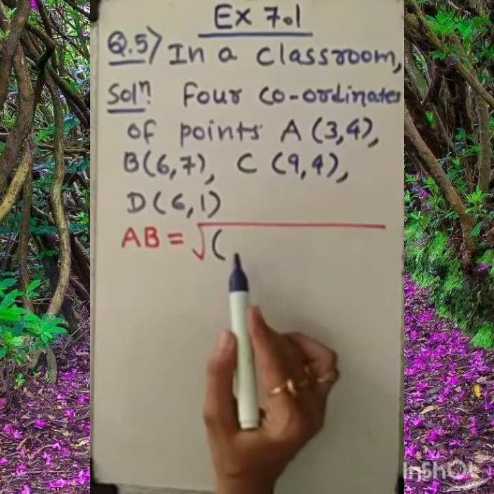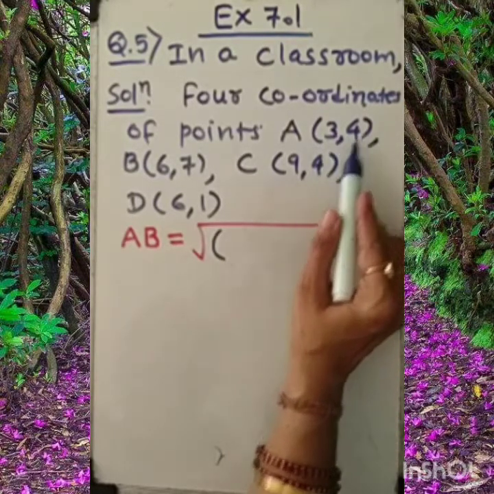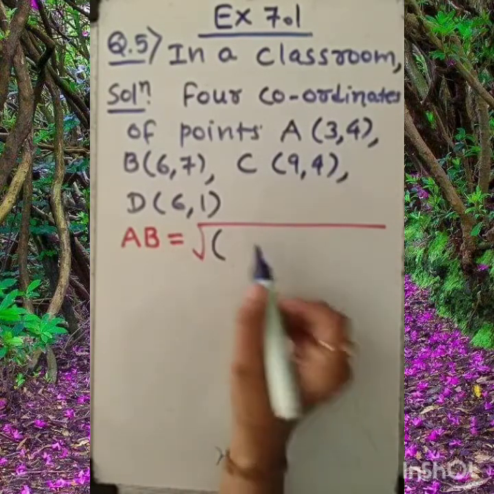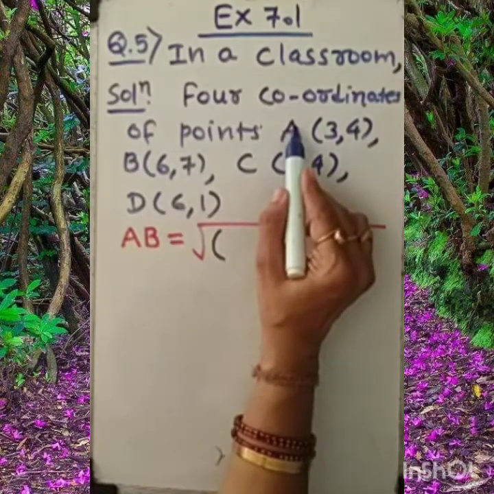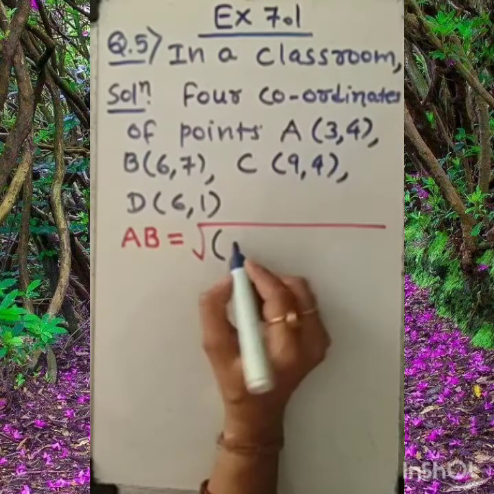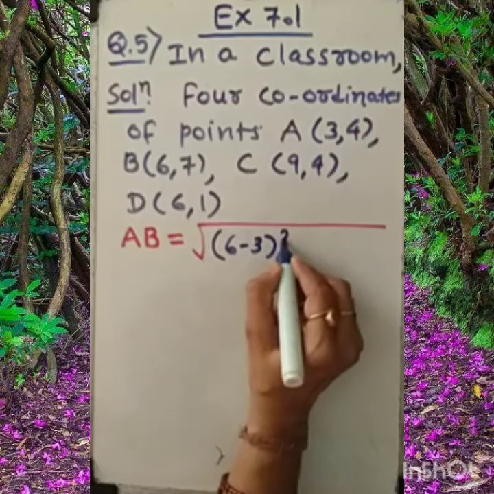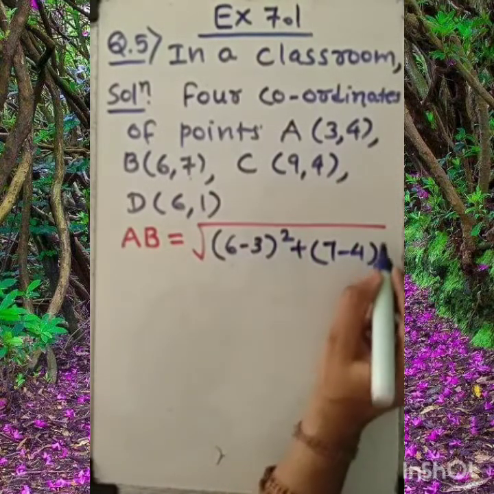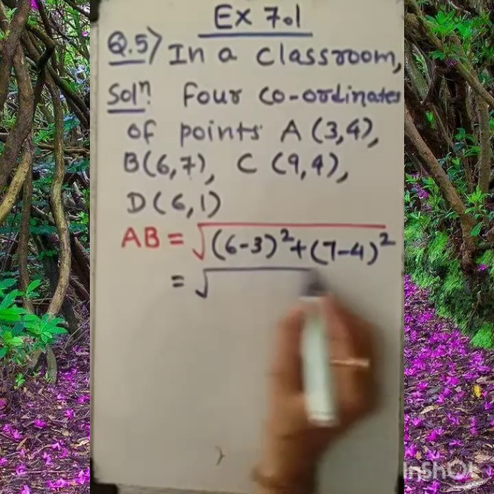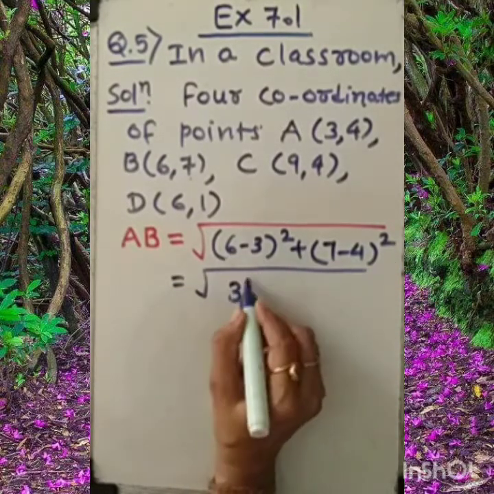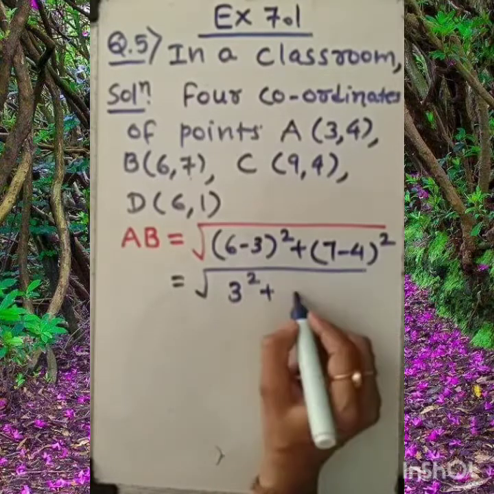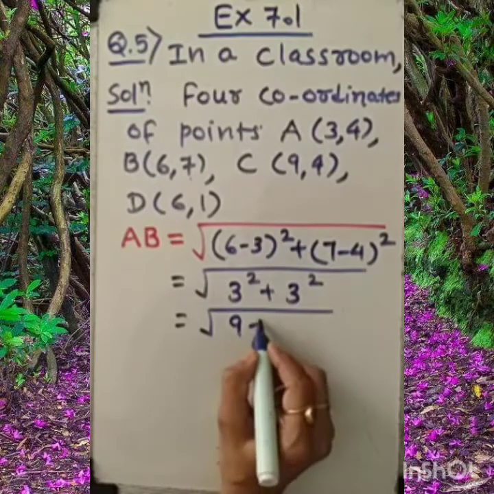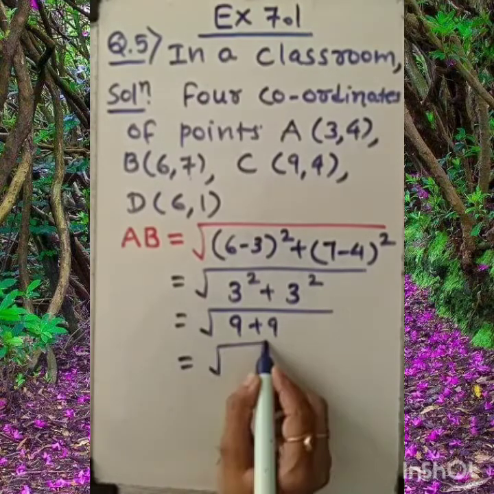So for AB, we go with 6 minus 3 whole square plus 7 minus 4 whole square. 6 minus 3 is 3 square, 7 minus 4 is 3 square. 3 square is 9, plus 9, that is under root 18.